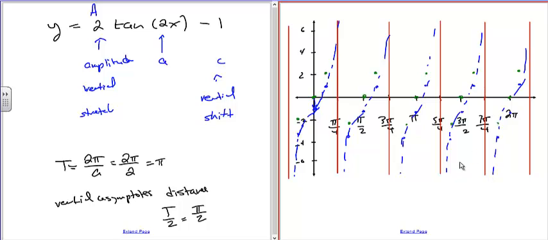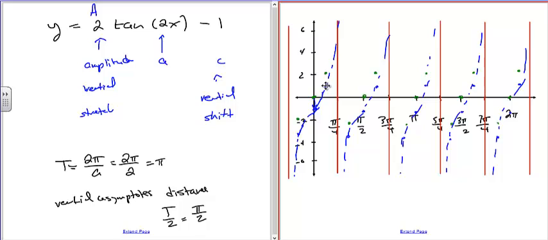So let's review what we did here. This number, because it was greater than 1, shrunk the graph in the x direction. So it moved these vertical asymptotes together by a factor of 2. This changed where the quarter period is, and if you go one direction, quarter period, in the same way the other direction.